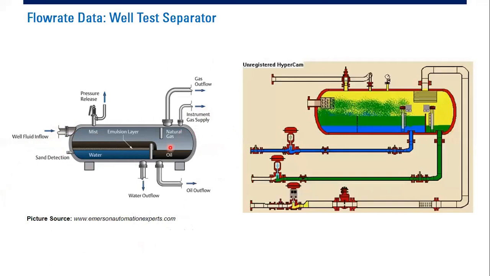Here we will measure the flow rate, or we can see it better by looking at the right picture. We can measure the flow rate of the water phase, the oil phase and also the gas phase. So by installing meters in our well test separator, we can measure the flow rate coming from the well, and later on construct the inflow performance relationship.